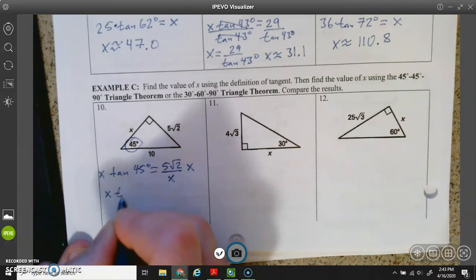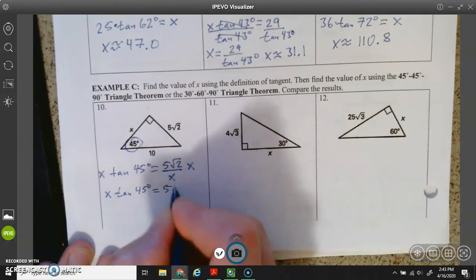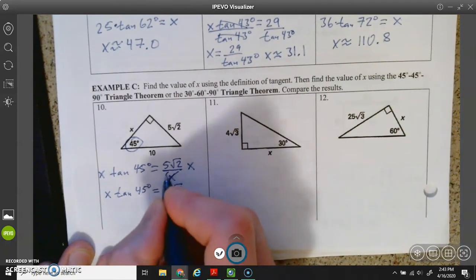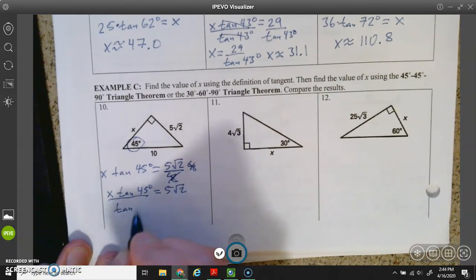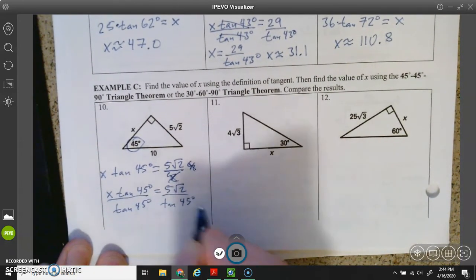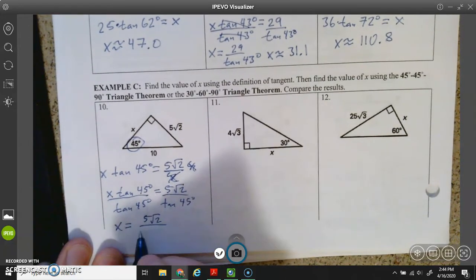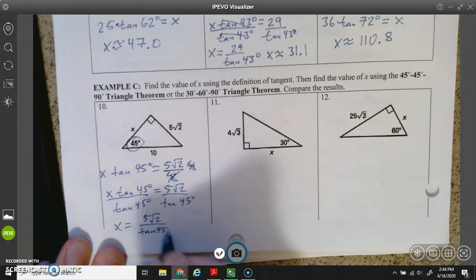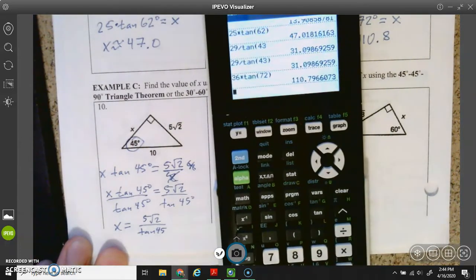So I have x times tangent of 45 degrees is equal to 5 square root of 2, because these cancel. Divide by tangent of 45 degrees on both sides. And I get x equals 5 square root of 2 divided by tangent of 45 degrees. This is a time where you have to be super careful when you do the square root part.